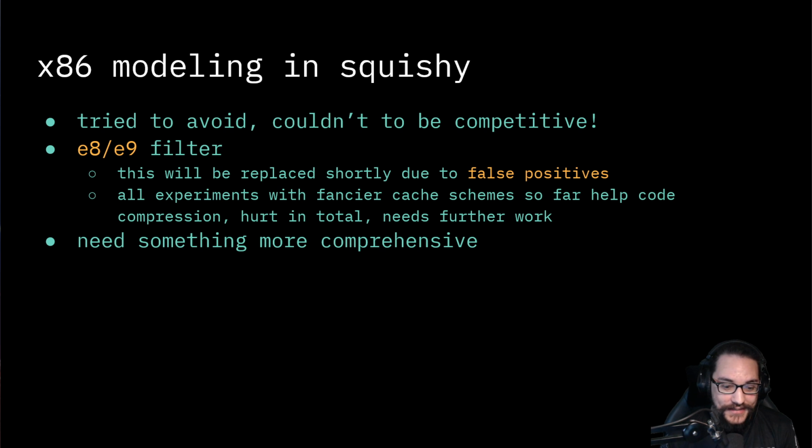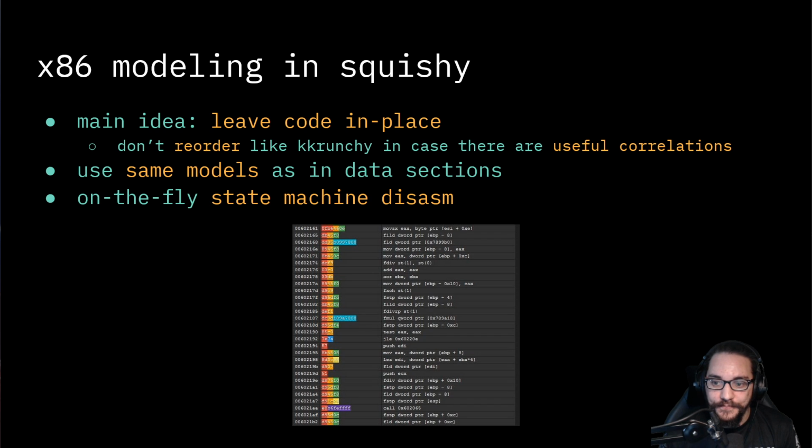But we need something more comprehensive than just that. So the main idea for x86 compression in Squishy is that we actually leave the code in place. We don't reorder the code like Crunchy, if you guys have read about that, actually does, because there may be useful correlations in the code as it is. And by reordering, we kind of force it to see certain correlations, which usually is better, but it might not be in some cases.